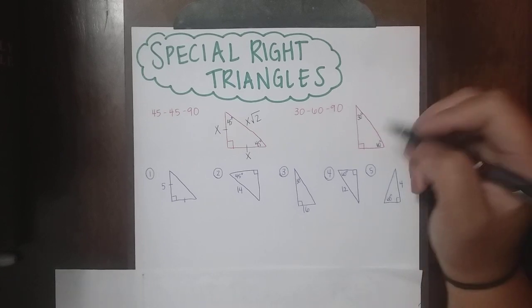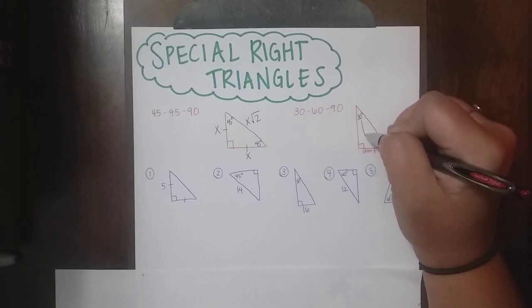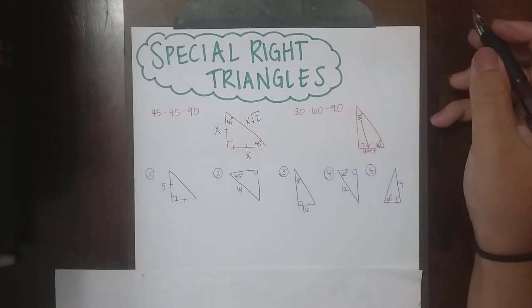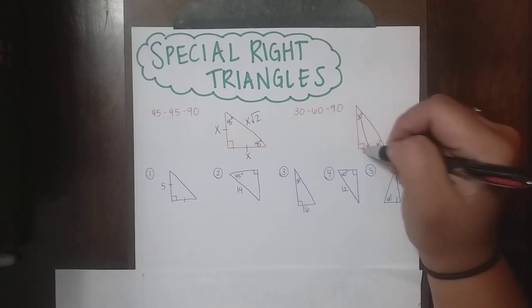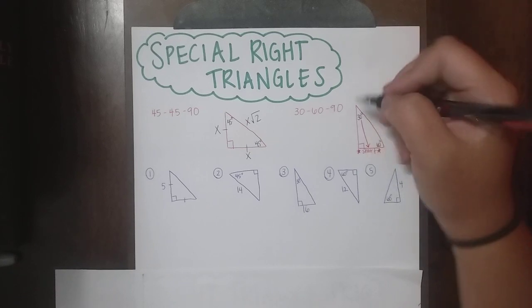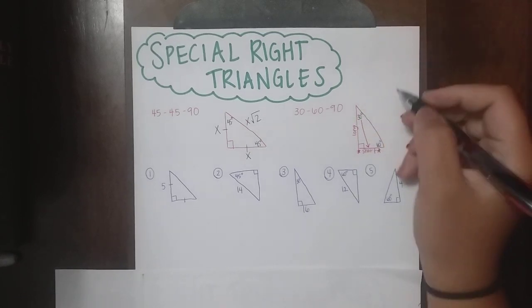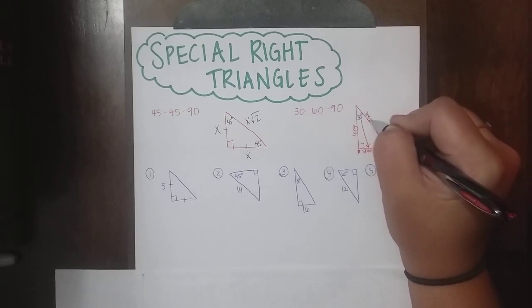Okay, so we're going to differentiate, and I'm going to call the one that's opposite the 30 my short leg. Okay, the short leg, I'm going to put a star next to it, is the one that we need. That's what we base everything else on. Okay, the one that's opposite the 60 is the long leg, and then you have your hypotenuse.